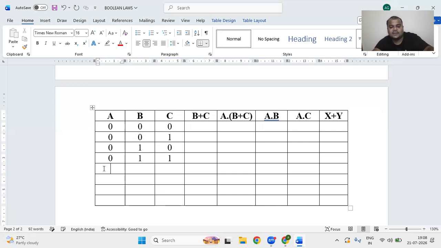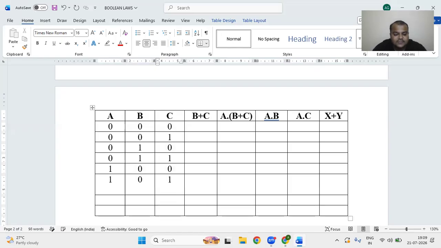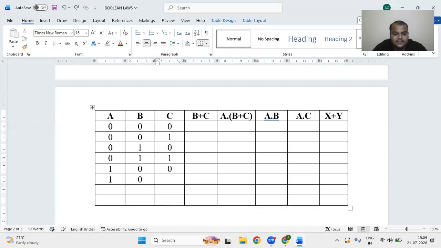Next is the binary value of 4, which is 1 0 0. Next 1 0 1. Next it is 1 1 0, and the last one is 1 1 1, binary value of 7. Start from 0, right?